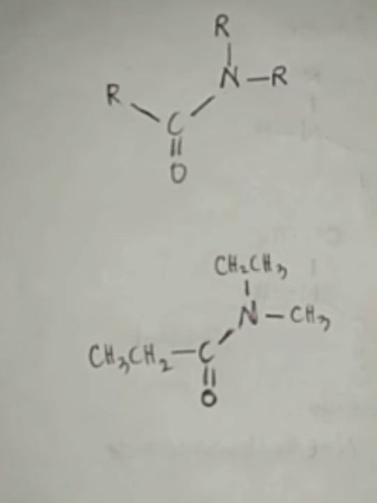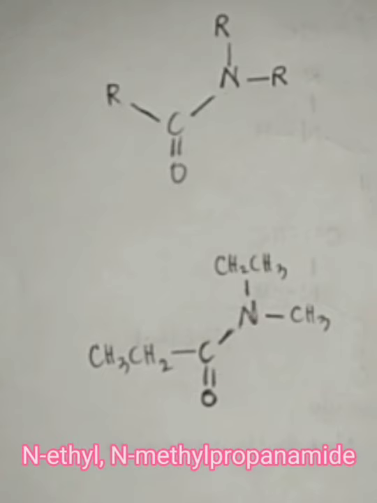So the name of this structure is N-ethyl N-methyl propanamide. I know that you may be confused why I first say the ethyl over the methyl. It is because I use the rule that it is always alphabetical, so I first wrote the ethyl over the methyl, even though ethyl is higher than methyl.